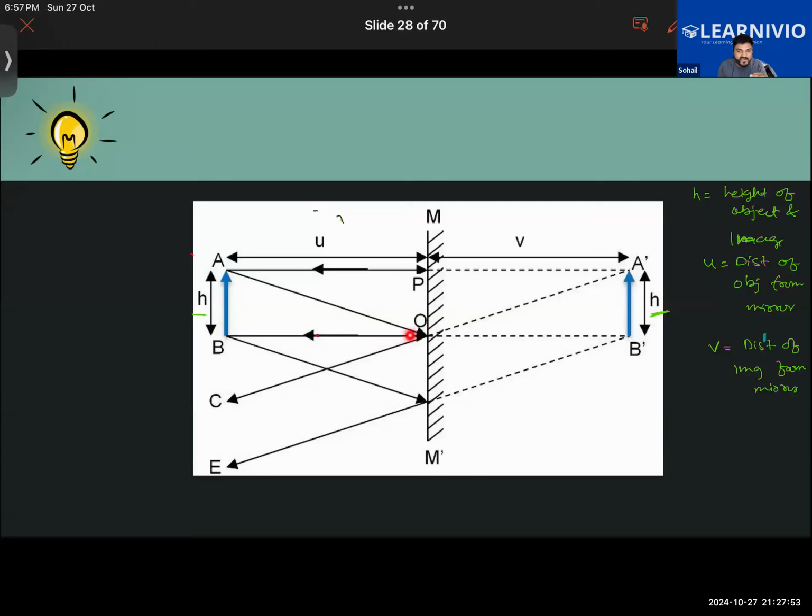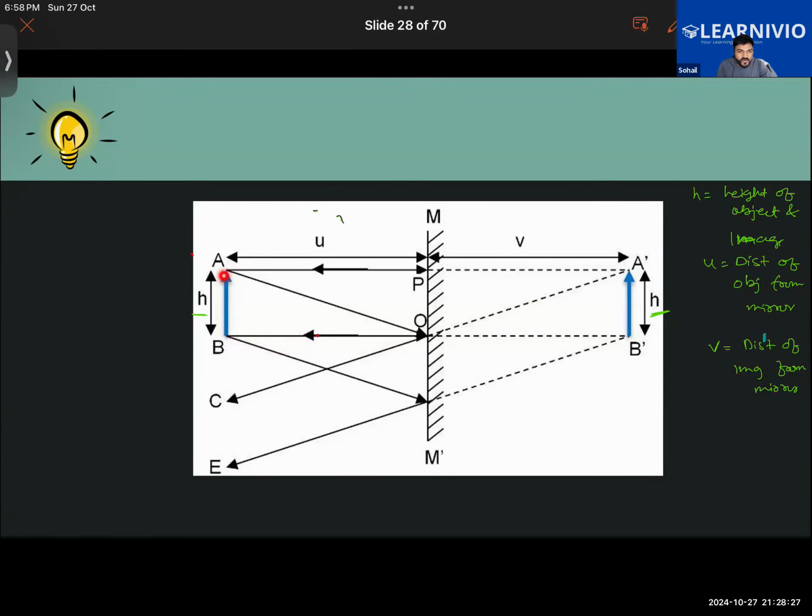The angle of incidence of ray BO is 90 degree, and the angle of reflection will also be 90 degree, as per the first law of reflection. The returning arrow shows that it's getting reflected back at the same angle. The same you can see here: ray AP is incident in this manner and got reflected back as ray PA, and the reflected ray OB.